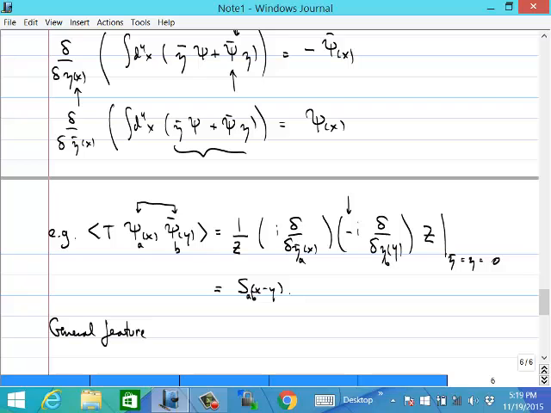And indeed, you can see how that happens in this setup, because eta and eta bar are anti-commuting variables, so if you interchange them, you would get a minus sign. So the general feature that you can hopefully see from here is that exchanging fermions in a correlation function will lead to a relative minus sign.